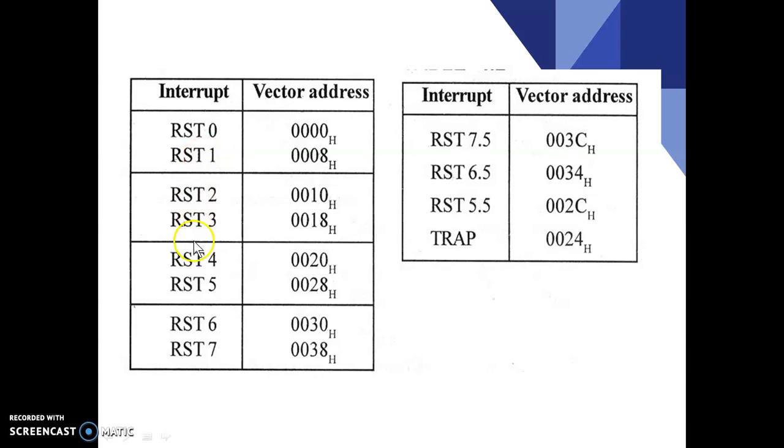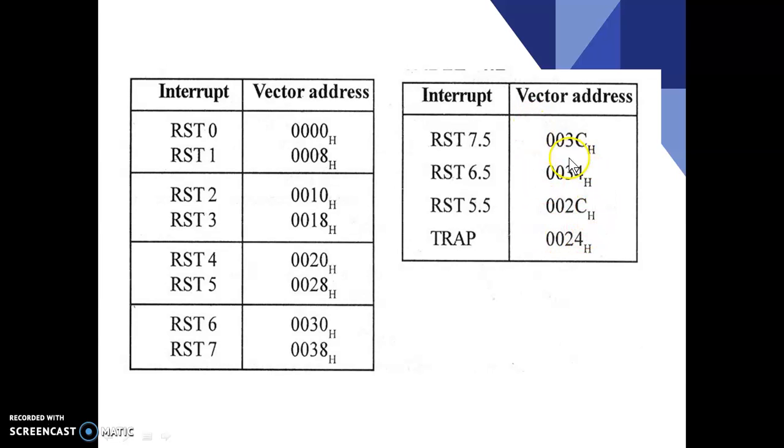So the vectored interrupts are RST 0, 1, 2 up to RST 7. That is, all the software interrupts are vectored interrupts, and also the hardware interrupts RST 7.5, 6.5 and 5.5, and also TRAP.